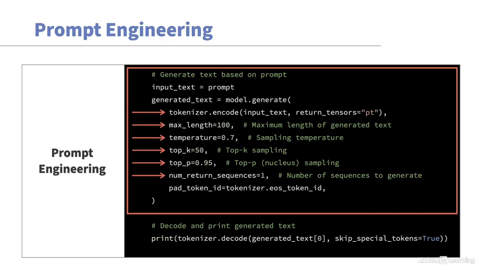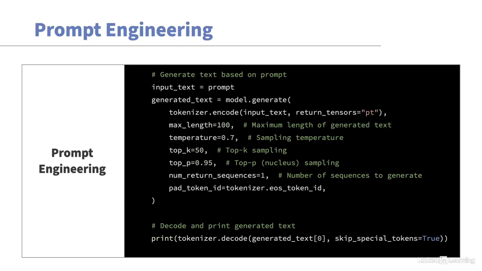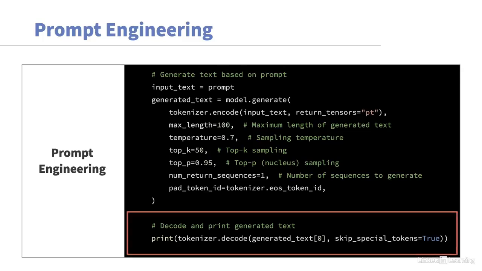This parameter allows generating multiple sequences based on the same prompt. Pad token ID: the token ID used to pad sequences. In this case, it's set to the end of sequence token ID obtained from the tokenizer, tokenizer.eos_token_id.